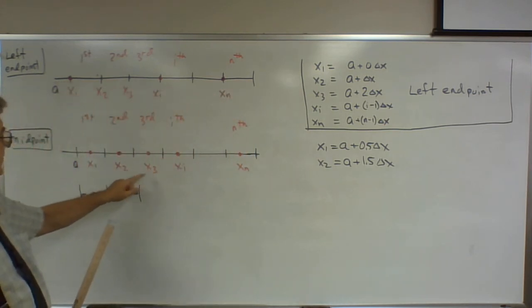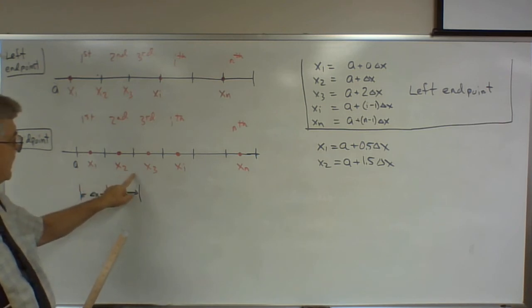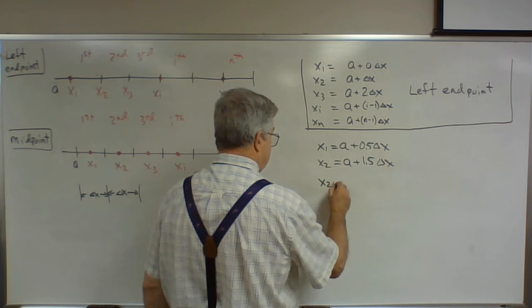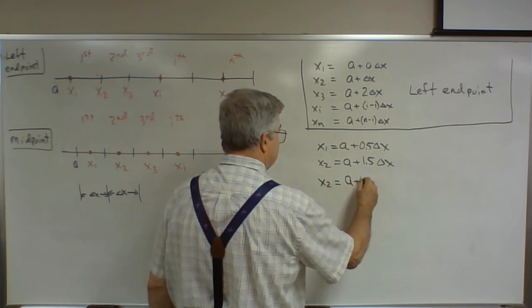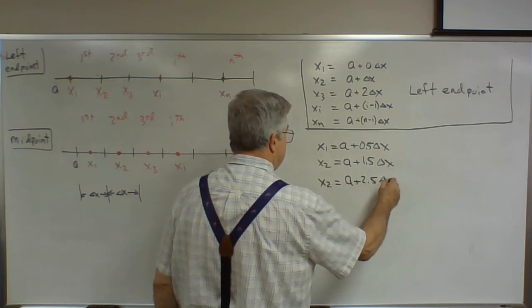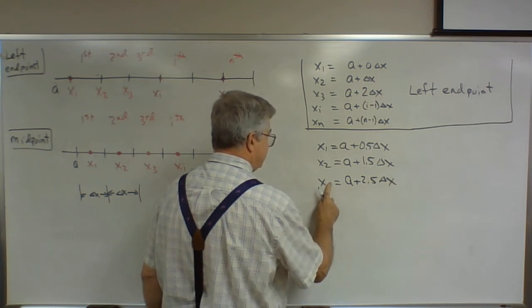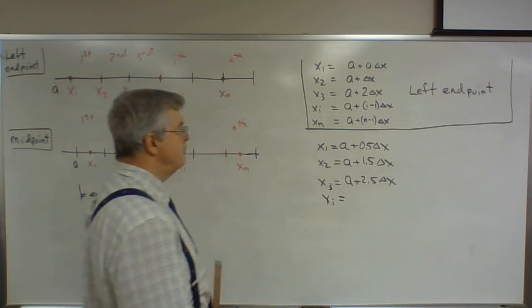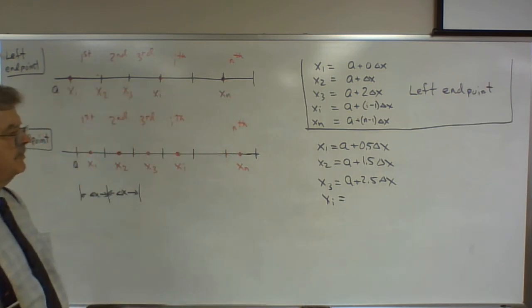And x sub 3, we go 2 delta x, plus 1/2 delta x. x sub 3 equals a plus 2.5 delta x. I think I see where this is going.